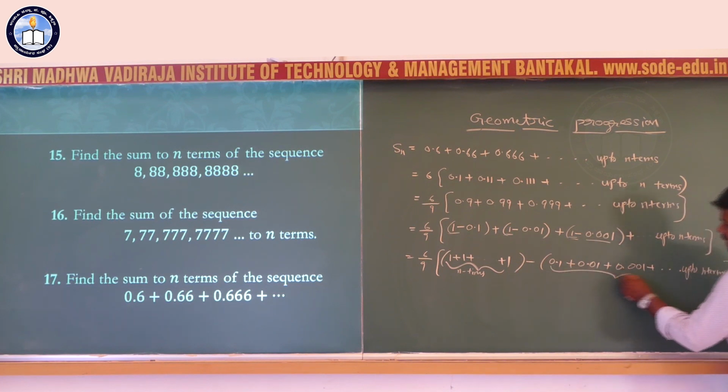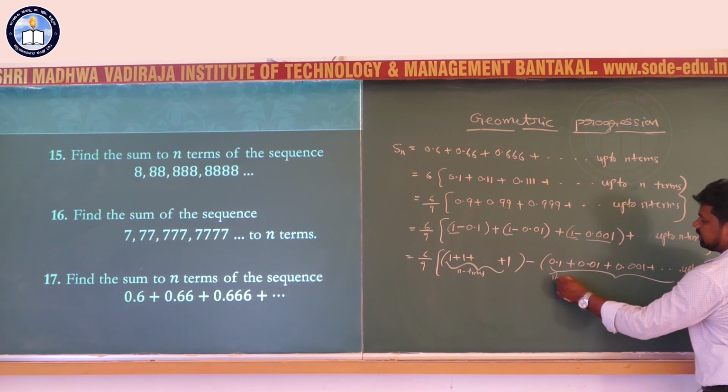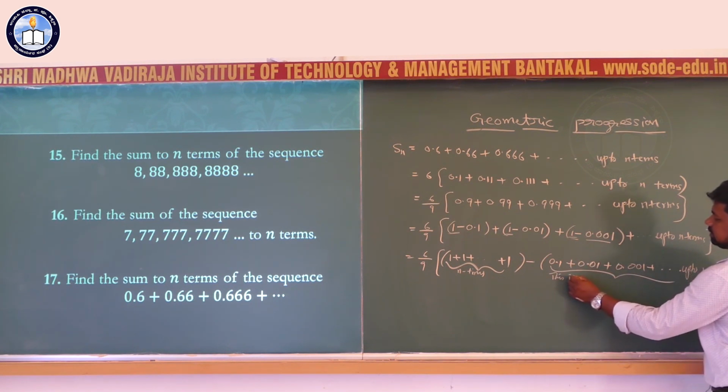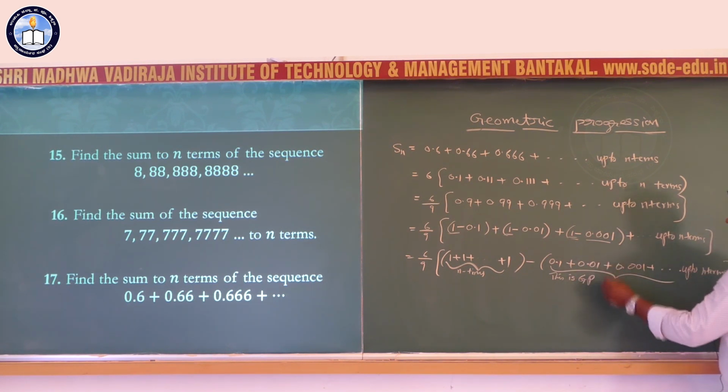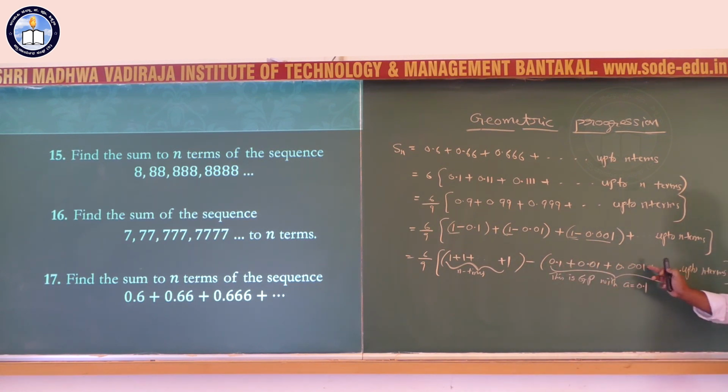This series is a geometric progression with the first term 0.1 and common ratio 0.01 by 0.1, equal to 0.001 by 0.01, that is 0.1.